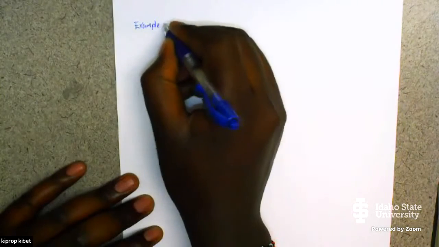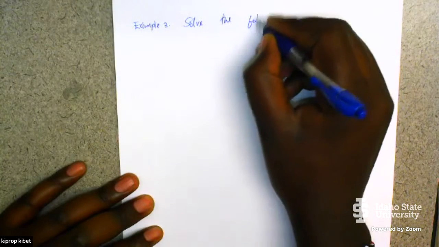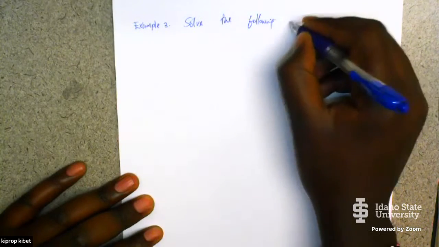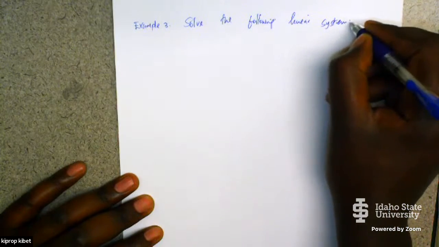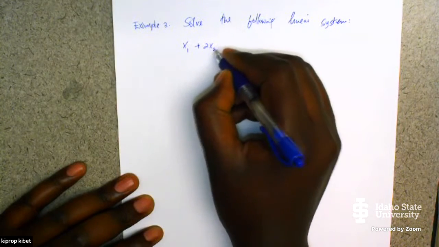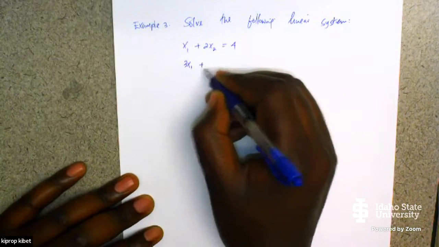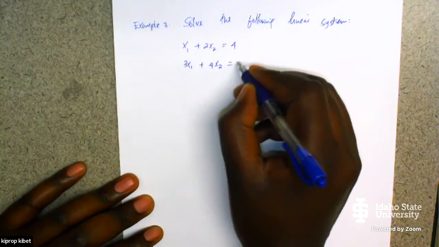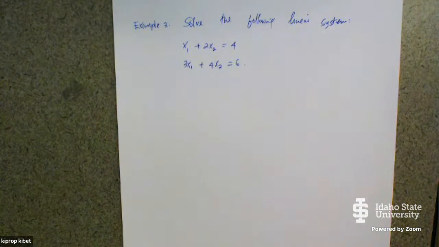The following linear system. We have x1 plus 2x2 equals 4, 3x1 plus 4x2 equals 6. Find the values of x1 and x2.